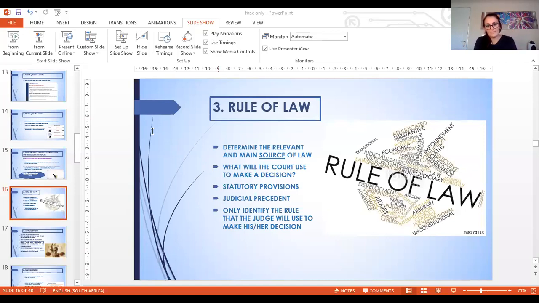Ultimately, this case here is asking whether this reach stacker is a motor vehicle as contemplated in the act. So the rule of law here, the act, the piece of legislation that needs to be looked at and applied to this specific set of facts or incorporated in this judgment would be the Road Accident Fund Act. It is the legal rule that is applicable when we are dealing with motor vehicles in this particular instance.